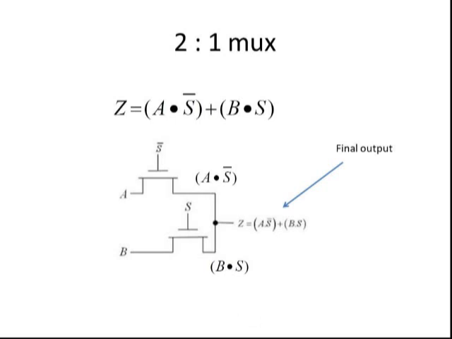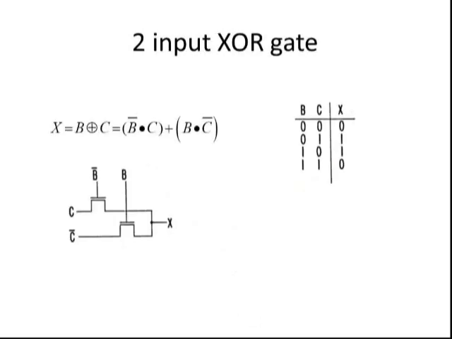Next we will see how to design a two input XOR gate. Everyone knows the expression of the two input XOR gate. Here I have taken X as the output and B and C as the inputs. So B XOR C is nothing but B bar dot C plus B dot C bar.